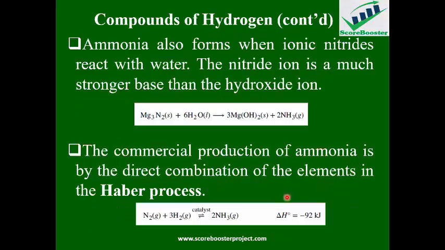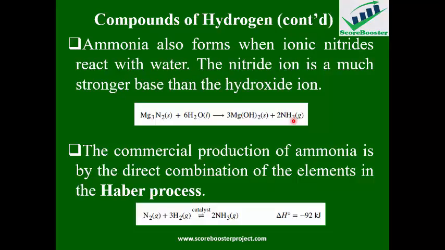Ammonia can also be prepared when you have ionic nitrides reacting with water. So this magnesium nitride is what we are using now to react with water. Then you have a base and ammonia. This is another production method for ammonia.